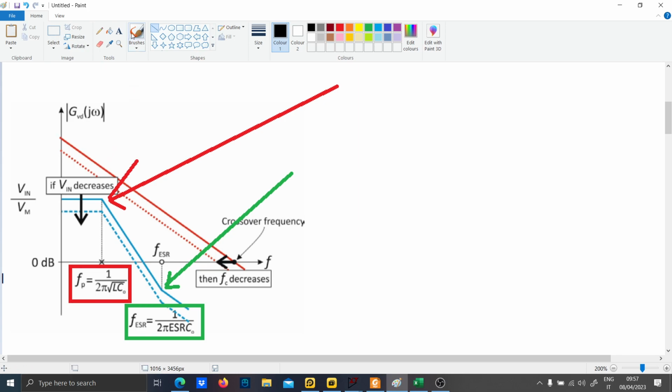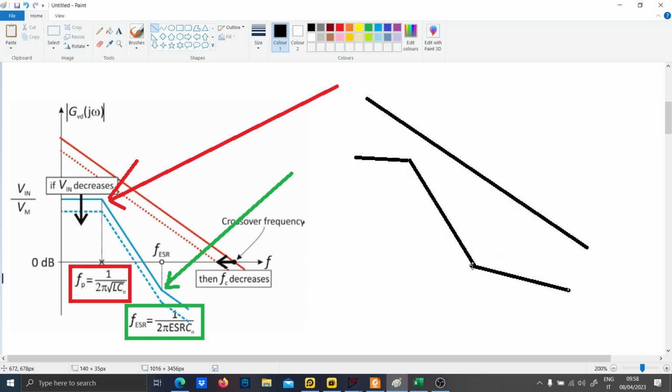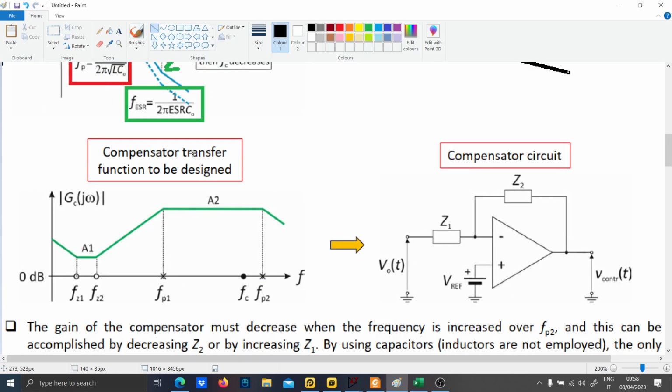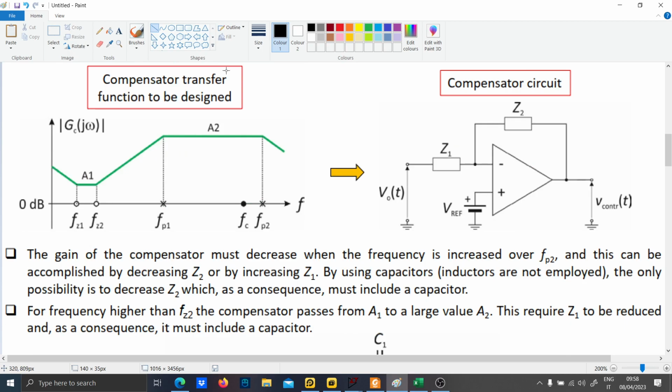If you sum these two transfer functions, the integrator plus this, what you obtain is called the Type 3 compensator. So this is the missing transfer function that can really give you the infinite integral gain. And basically this is the transfer function of the Type 3 compensator.